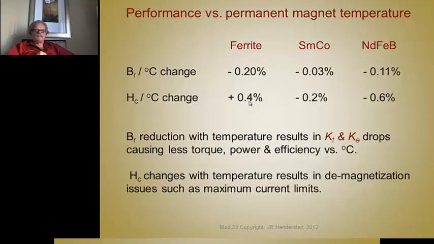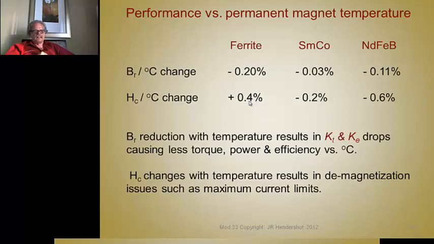Now, samarium cobalt has the best thermal characteristics of any magnets ever made. The remanence drop is 0.03% per degree C versus neodymium, which is 0.11% per degree C. The coercivity, or the resistance to demagnetization, is also not bad with samarium cobalt, 0.2% per degree C. With neodymium, it's terrible, 0.6% per degree C. So you've got to be very careful with demagging neo at elevated temperatures.